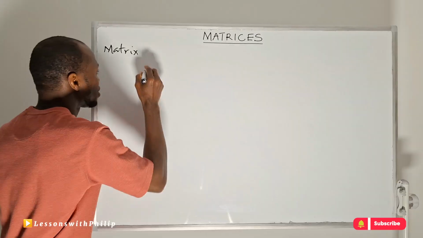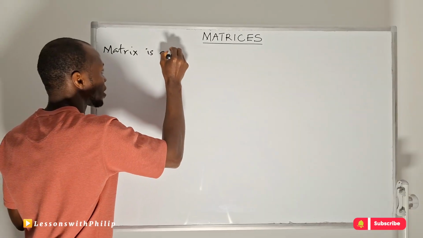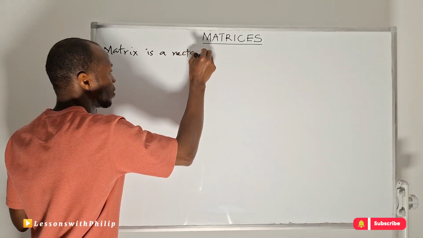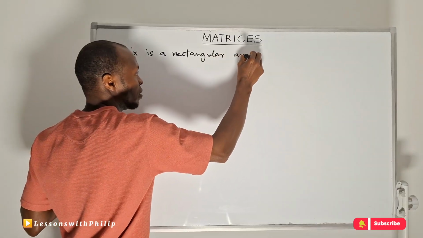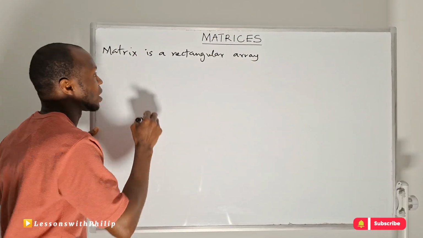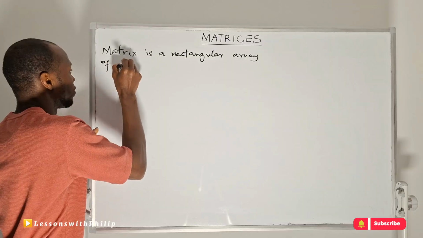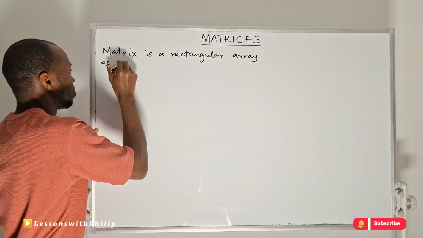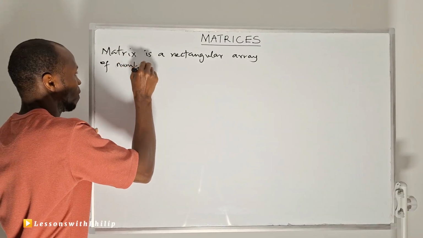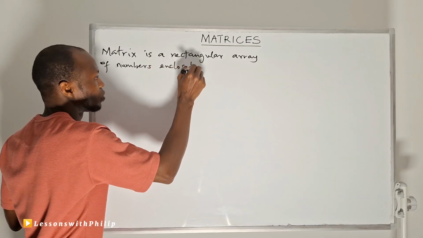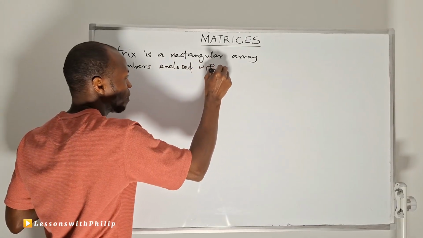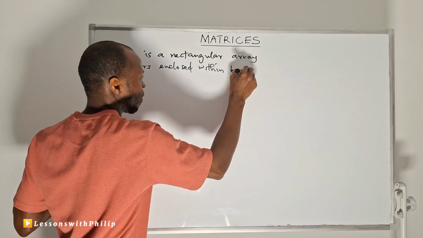Okay, a matrix is a rectangular array, or rectangular arrangement, of numbers enclosed within brackets.